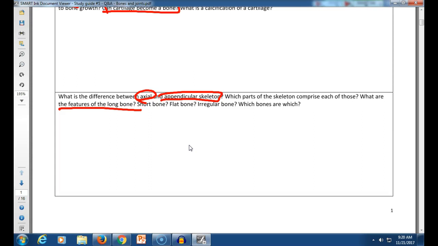All carpals, pretty much. Let me give you the list. All bones of the limbs except carpals and tarsals are long. Does that make sense? All bones of the limbs except carpals and tarsals are long.